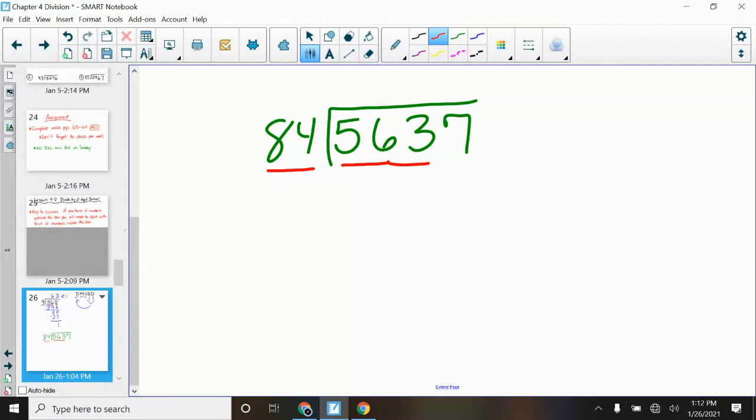I'm going to come over here to the side and randomly pick a number to see how many 84s I think would maybe fit into 56. Does anybody know where a good place to start would be? 5. You think 5? Anybody think a different place? 7. Where'd you get 7? Because if you do it by 5, I think that, can I give you an easier way? Yeah. I agree with you, 7. And here's why. 8 can fit into 56 about how many times?